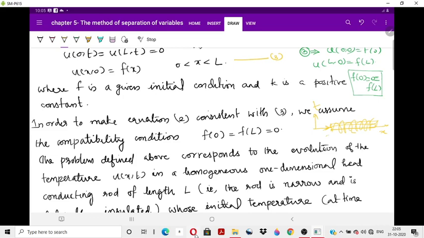So this is the point x equal to 0, and this is the point x equal to L. So along this rod, heat is conducted. This represents the heat conducting problem along the rod of length L.